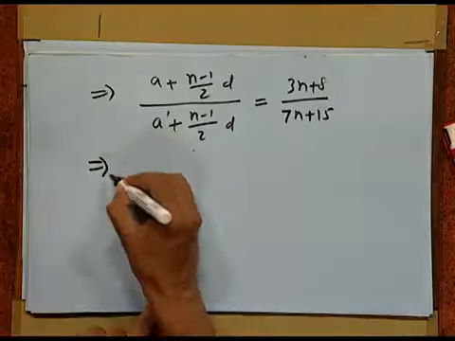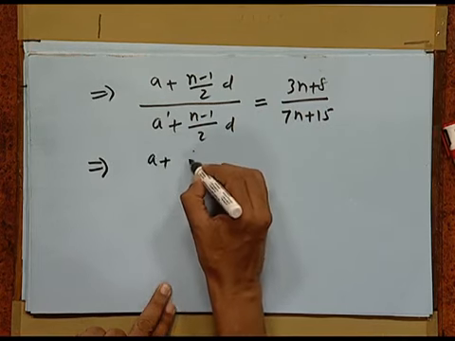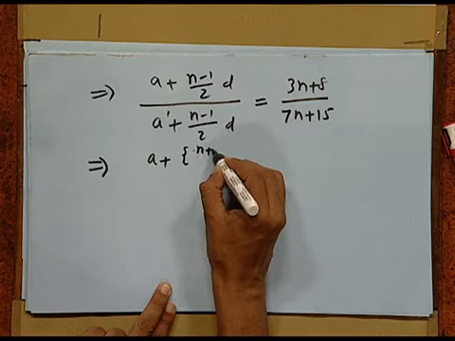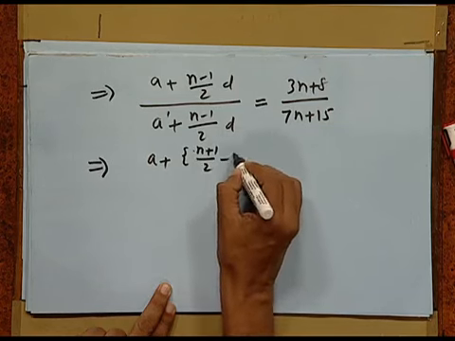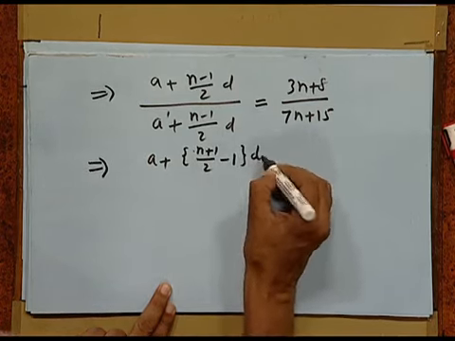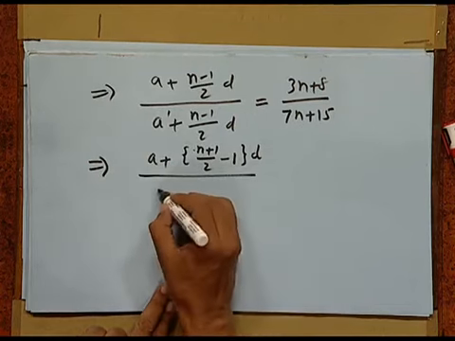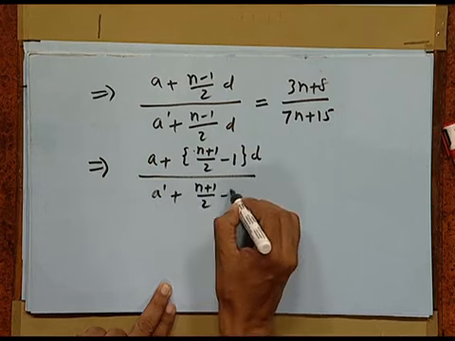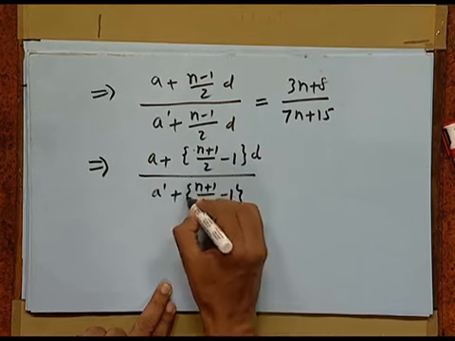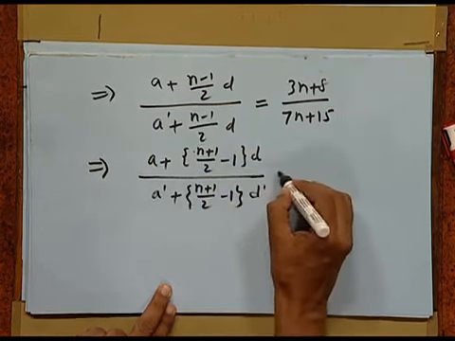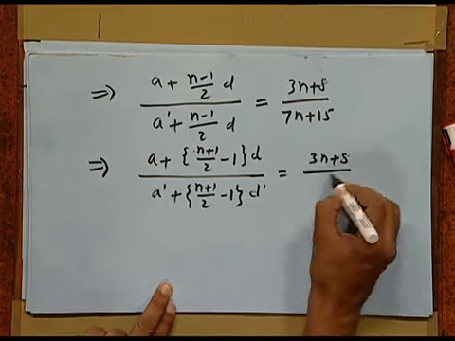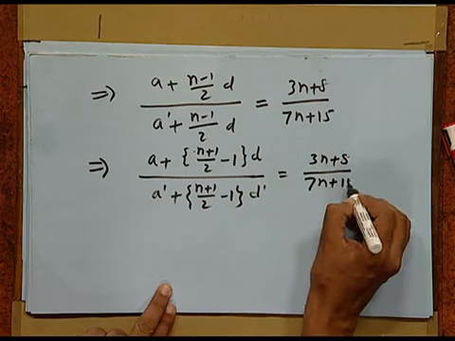Again we can write as a plus ((n plus 1)/2 minus 1) d upon a dash plus ((n plus 1)/2 minus 1) d dash is equal to 3n plus 8 upon 7n plus 15.